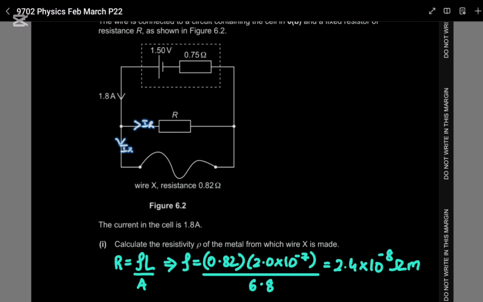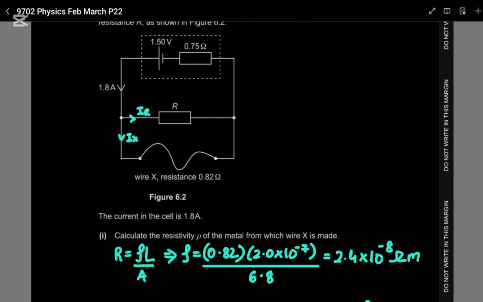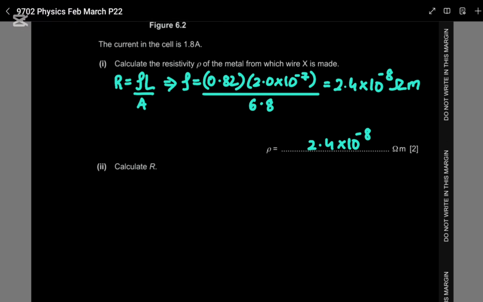Now we have to find IR in order to calculate R. R is going to be V terminal over IR. So we have to find IR first. Let me label it. This is going to be IR and this is going to be IX. Now we can find IX because we have the resistance 0.82 ohms.